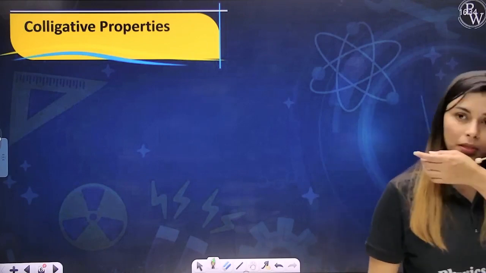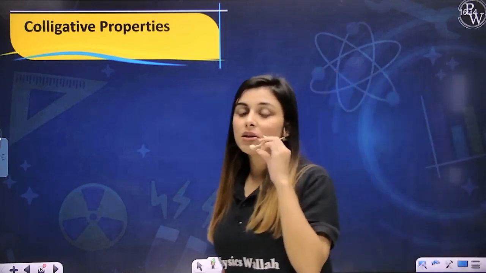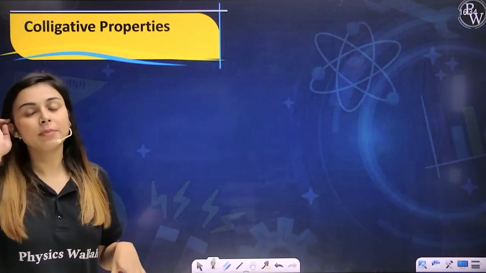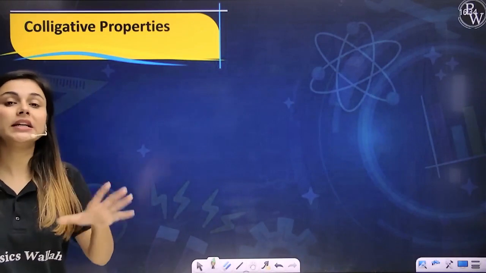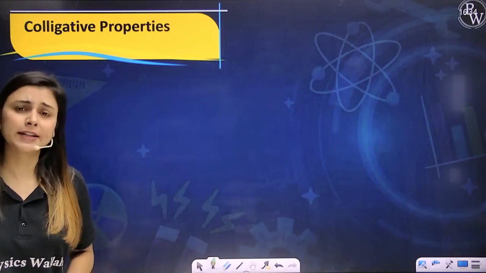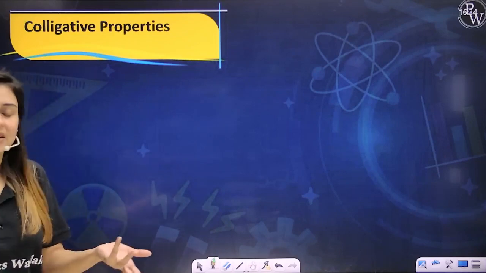The colligative properties are the properties which depend upon the amount and not on the nature of your solute, or solvent as well. It could be solute or solvent, but we'll be discussing majorly the colligative properties which depend on the solute.